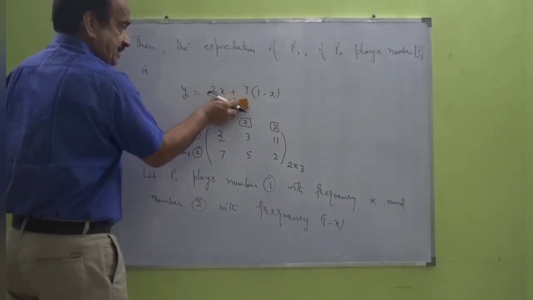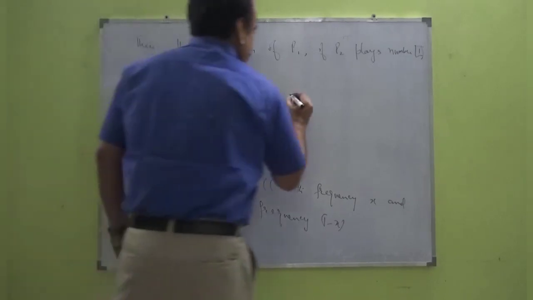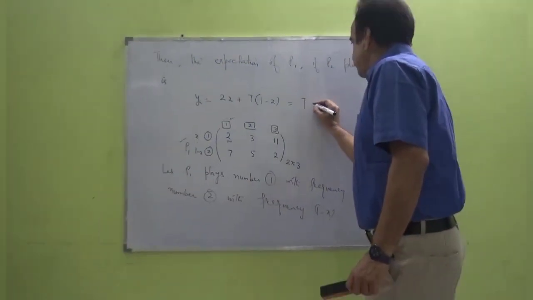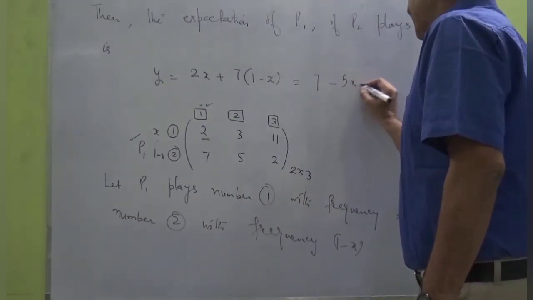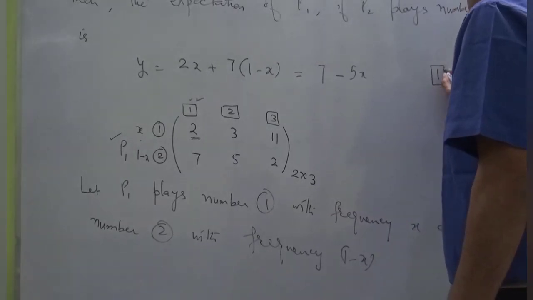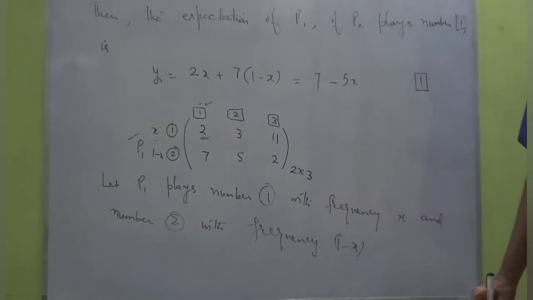Let's simplify this. This turns out to be equal to 7 minus 5x. Let's call this equation number 1.